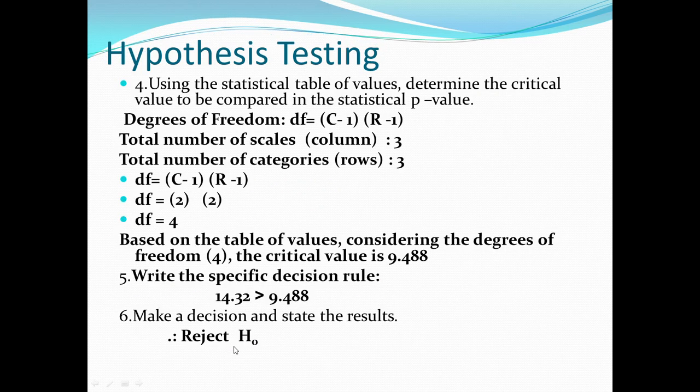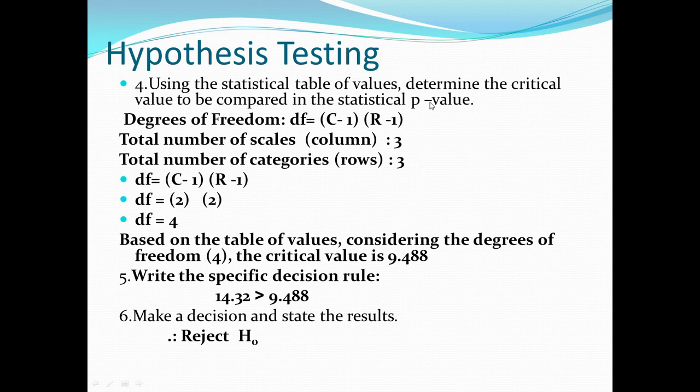Now, let's go to the step 4. Ayan, sa step 4, using the statistical table of values, determine the critical value to be compared in the statistical value or statistical p-value. Okay, ang sabi dito sa step 4 daw ay hahanapin natin yung critical value na i-compare natin doon sa p-value or doon sa computed value natin.